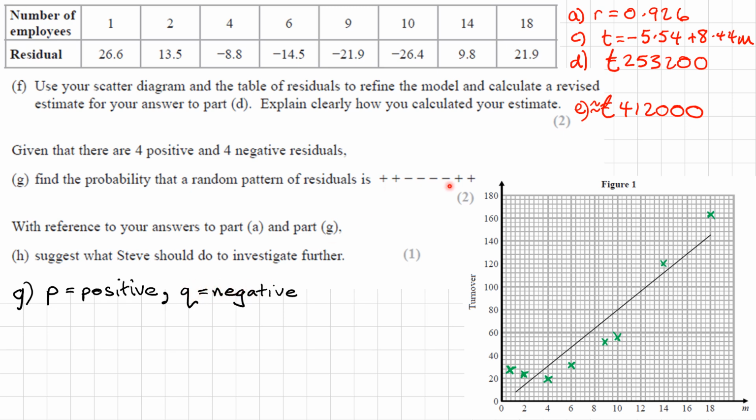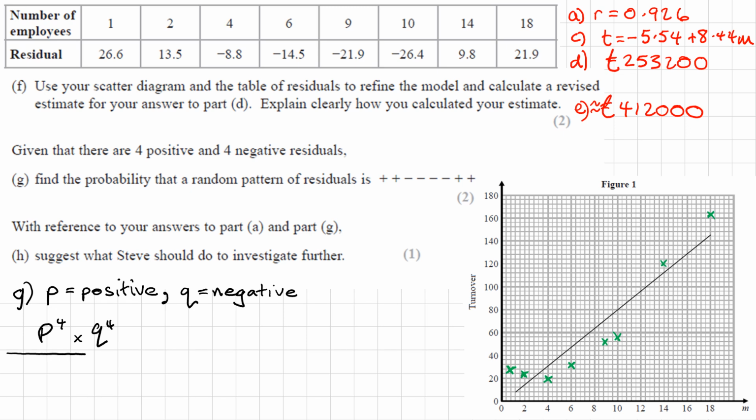So what am I looking for? Well, I want this one option where I have 4 positives and 4 negatives. So if I write that as a probability, that's going to be P to the power 4, positive, positive, positive, positive, and 4 negatives, so Q to the power 4.